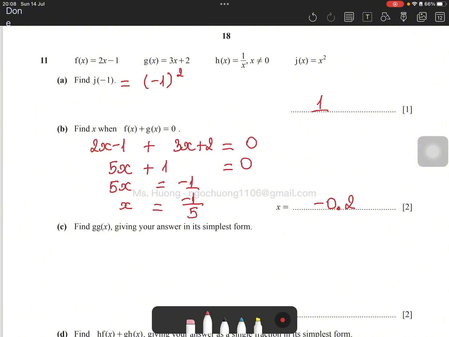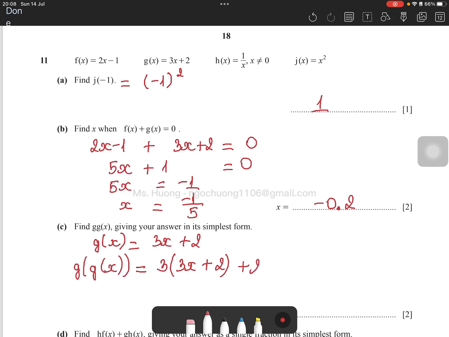C. Find g of g of x, giving your answer in simplest form. First, we know that g of x is equal to 3x plus 2. So if we want to find g of g of x, then we will substitute 3x plus 2 into g of x, which means 3 multiplied by 3x plus 2.